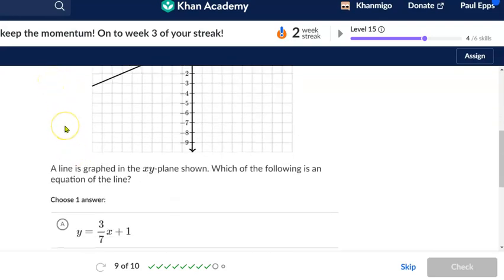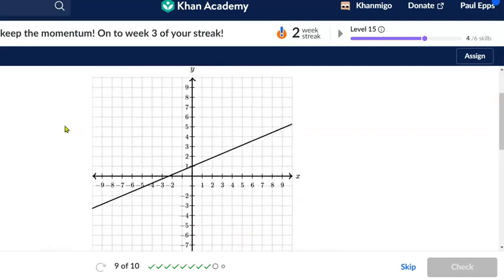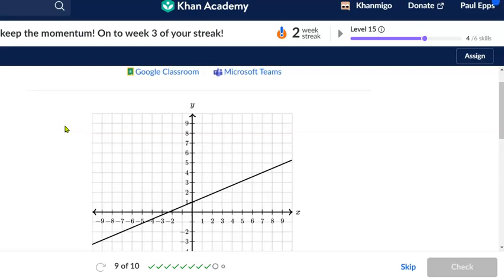A line is graphed in the xy plane shown. Which of the following is an equation of the line? So going back to the basic equation of a line, which is y equals mx plus b, where m is the slope and b is the y-intercept. We can get a slope on this line.